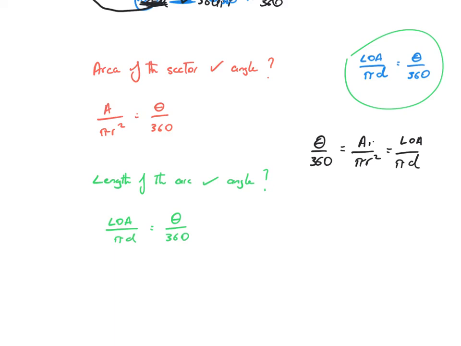If I need to find the angle at the centre given the area of the sector, then it's this bit that I need. So I would select that out and use theta over 360 equals area of the sector over pi r squared. If, however, I'm given information about the length of the arc and I'm looking for an angle, then I select this bit, that theta over 360 is equal to the length of arc over pi d, and I would select that bit out and then proceed with the question.